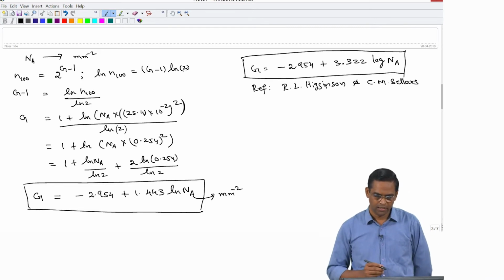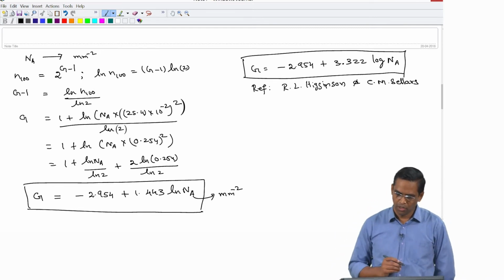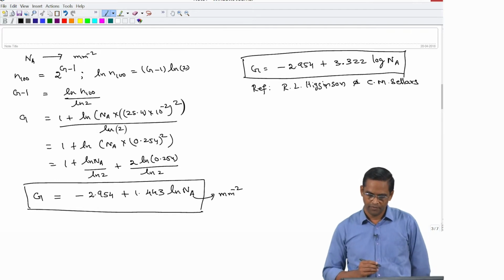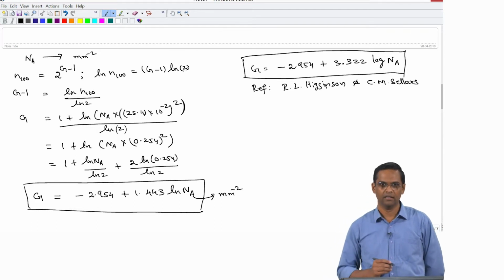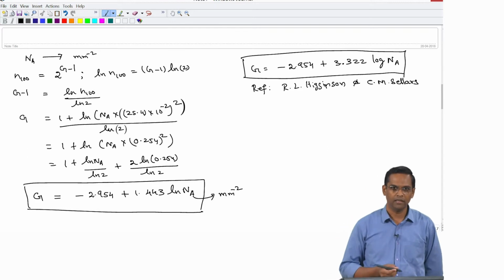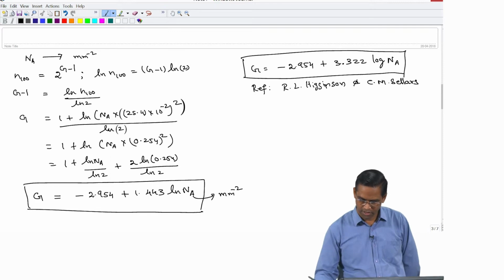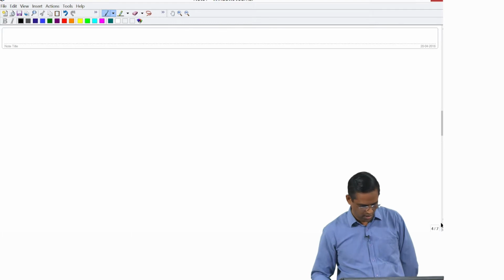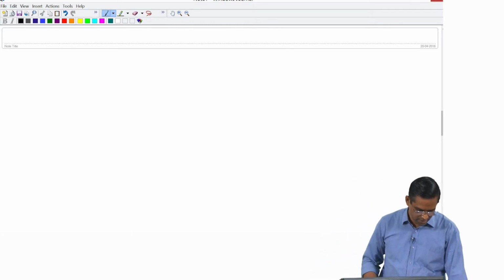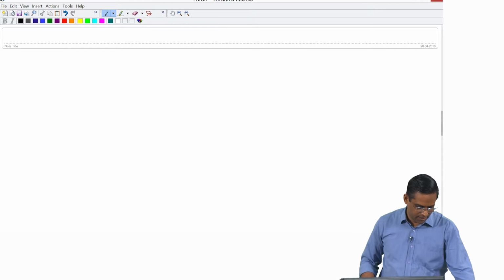So, now the question is how are we going to find the NA, because we are relating ASTM grain size by calculation of NA. So, how do we do that? Again, I will bring back the microstructure. I am going to use a probe of this kind and count the number of grains.